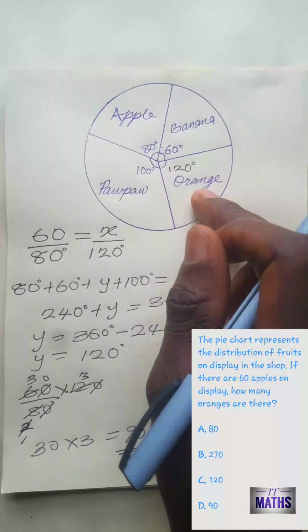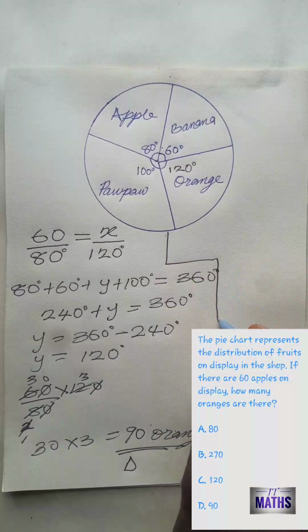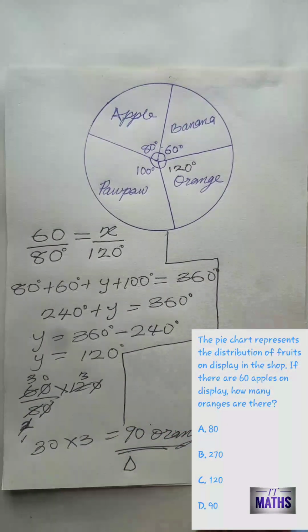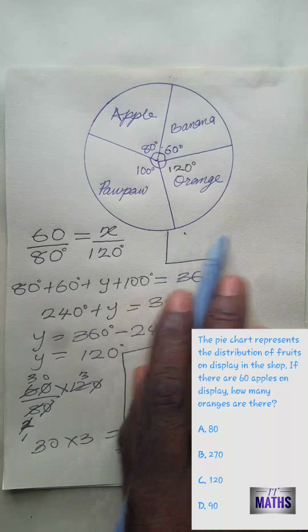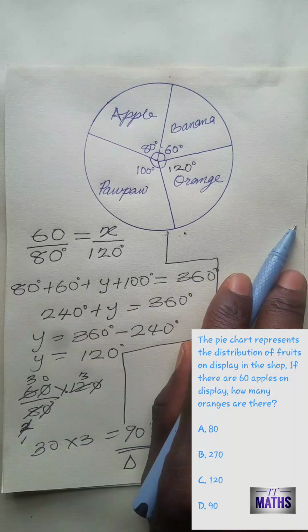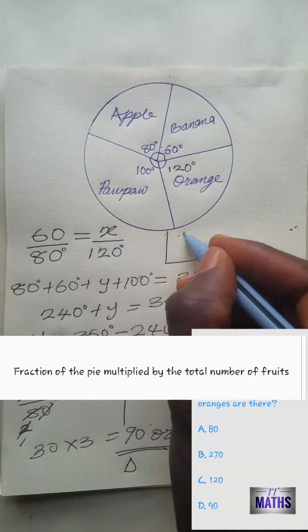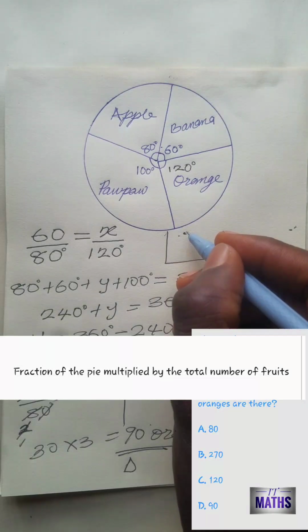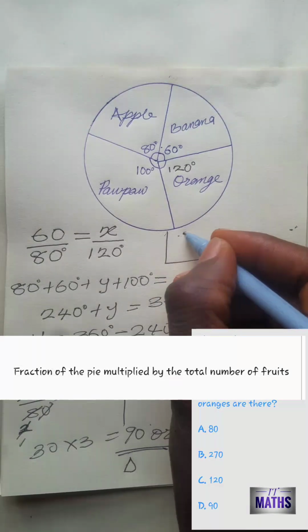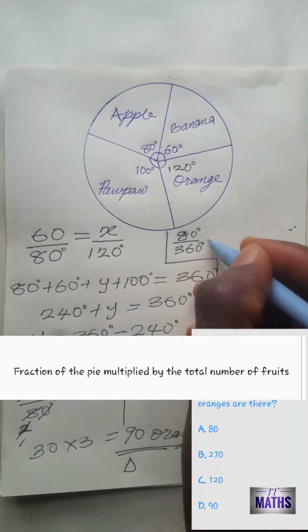Now, some students might want to find the total number of fruits, and you can find that. Is that okay? Let me show you, just to satisfy some people's curiosity. Now, I want to convert from degrees to number of fruits. How do I convert from degrees to number of fruits? I'm going to first make a fraction. Let me pick apple, which already has a value. 80 degrees all over 360 degrees.